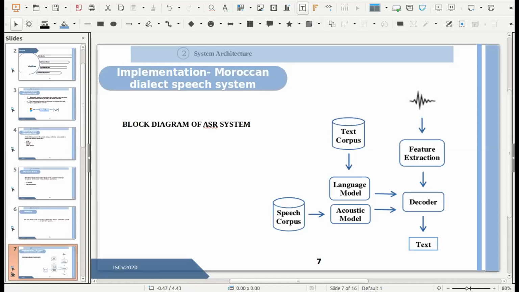As you see, this figure represents the main elements usually found in a typical automatic speech recognition system: feature extraction, acoustic model, and language model, described in detail.